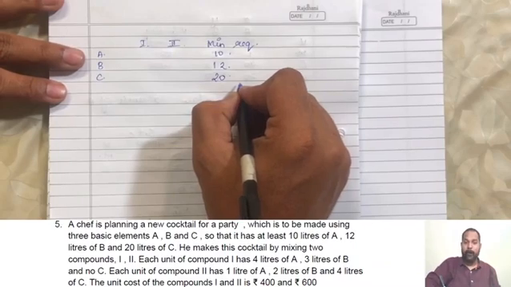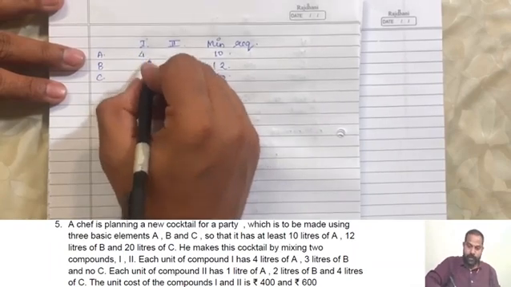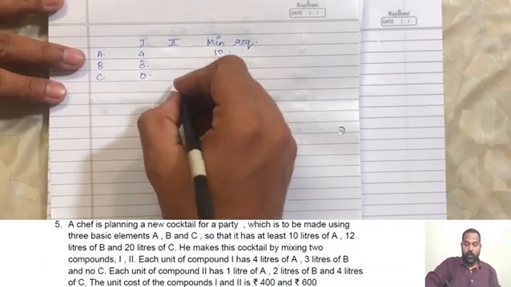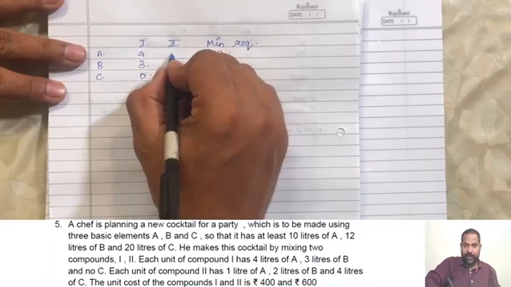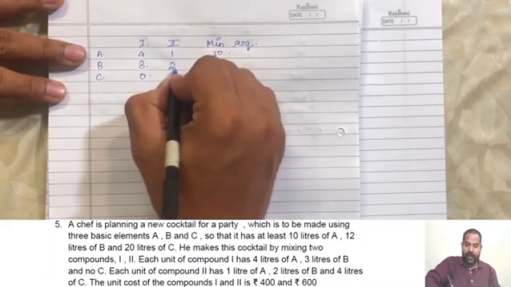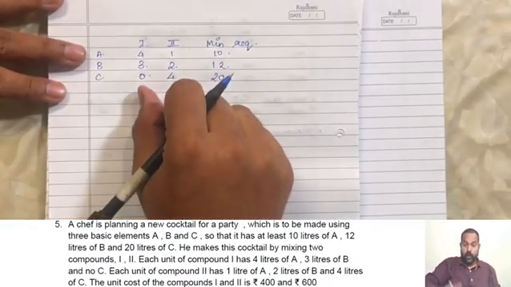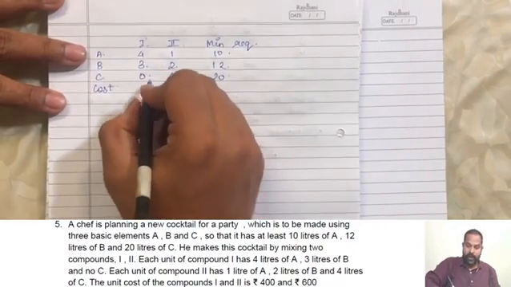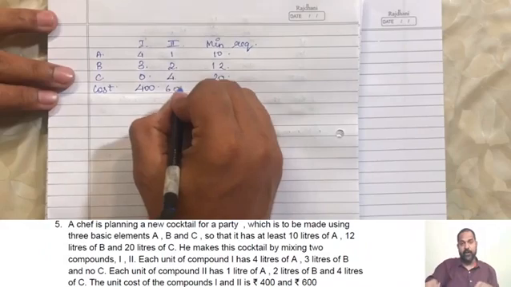Each unit of compound 1 has 4 liters of A, 3 liters of B and no C, while each unit of compound 2 has 1 liter of A, 2 liters of B and 4 liters of C. Cost is given to you. The cost of compound 1 is rupees 400 and compound 2 is 600.